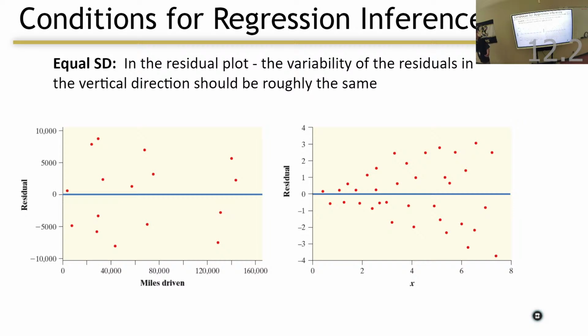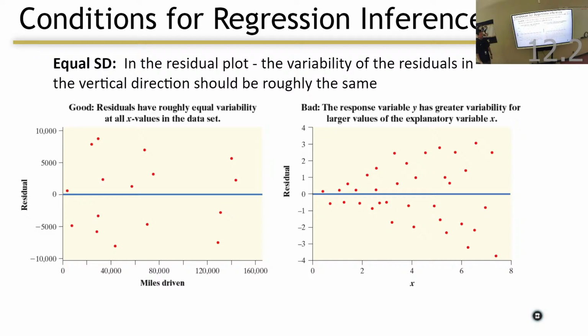So we need equidistant residuals from the line. The variability of the residuals in the vertical direction should be roughly the same throughout.